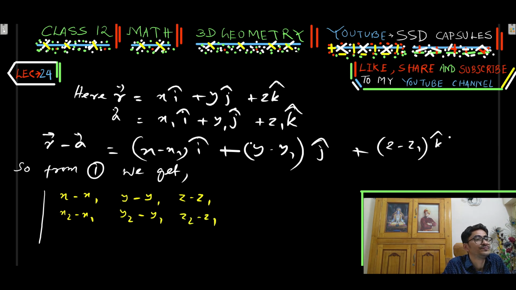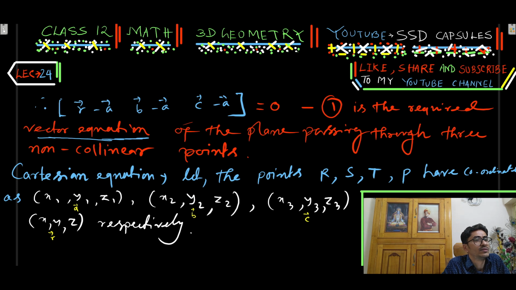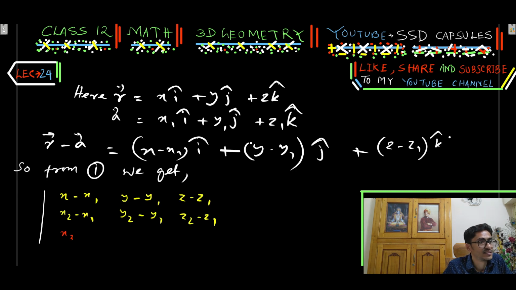Then c vector minus a vector: x3 minus x1, y3 minus y1, z3 minus z1. See here, I tick that c vector minus a vector, just subtract: x3 minus x1, y3 minus y1, z3 minus z1.